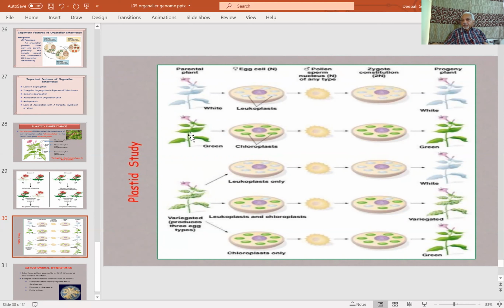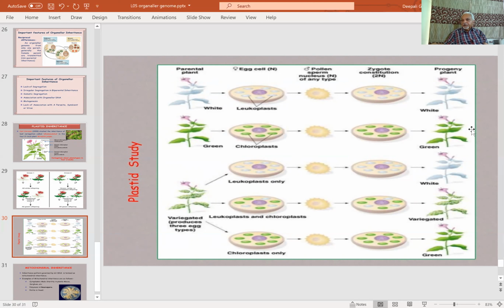When you take a female which has green leaves, you have chloroplasts in the female cell, and when it fuses, it forms a zygote, which is the transmission of these chloroplasts to the zygote, and all the offsprings have green leaves.